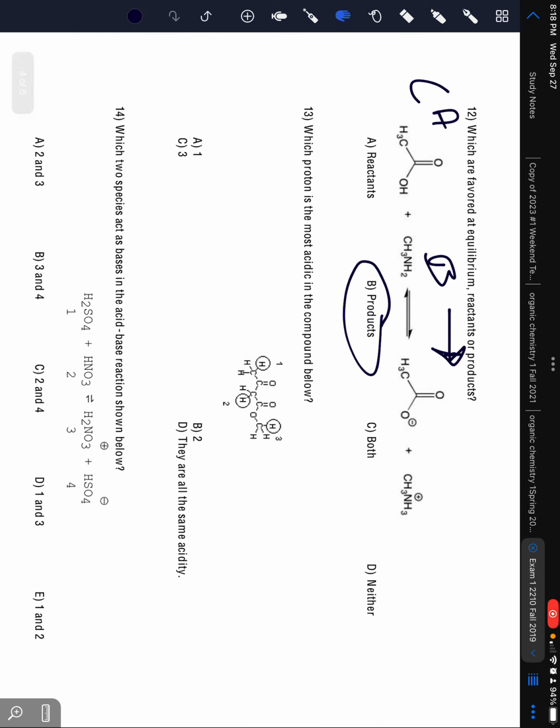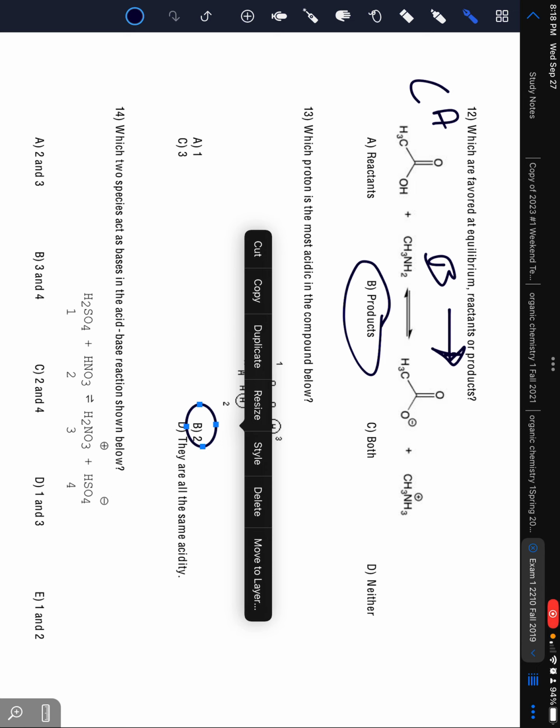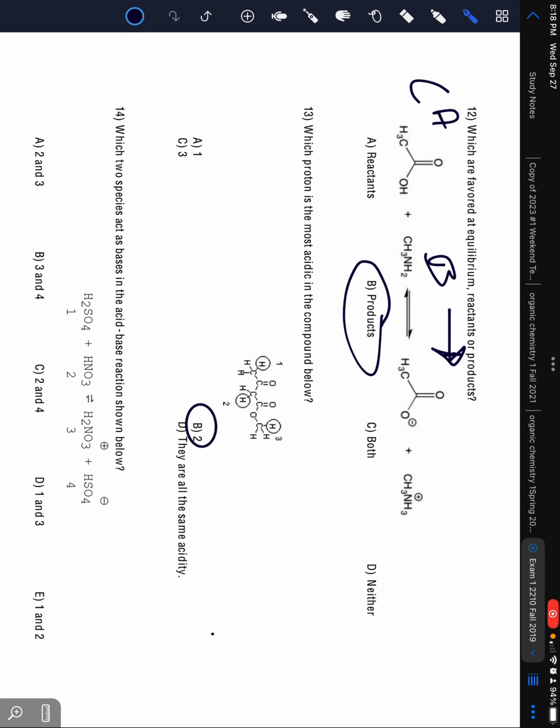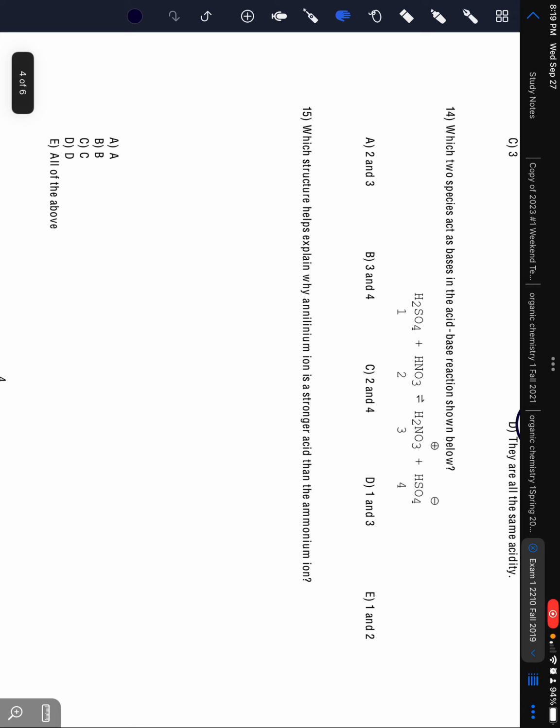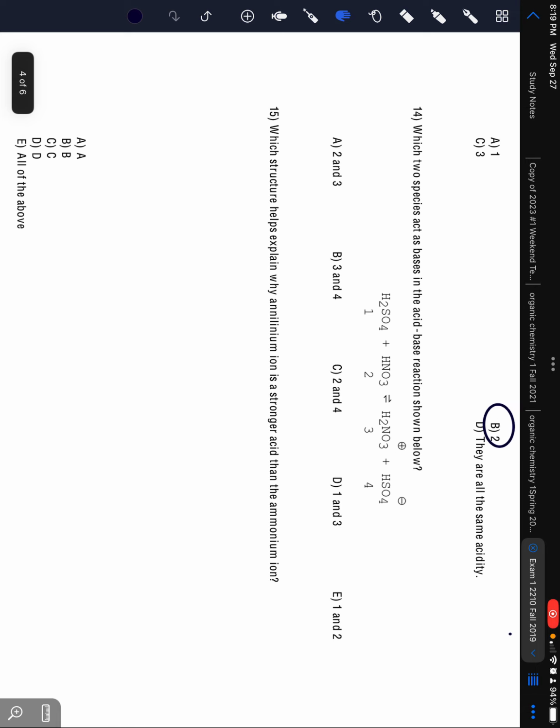Here, it's going to be number 2, because number 2 will give me the most resonance structures. And there's a lot more acid and base. I'm going to cross this one out because we don't have a picture for it.